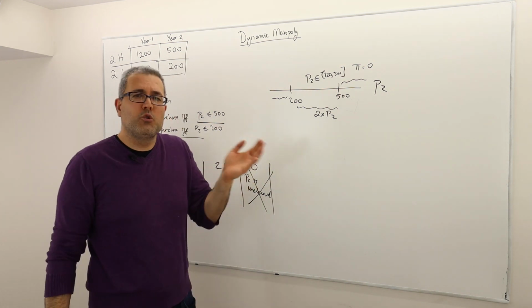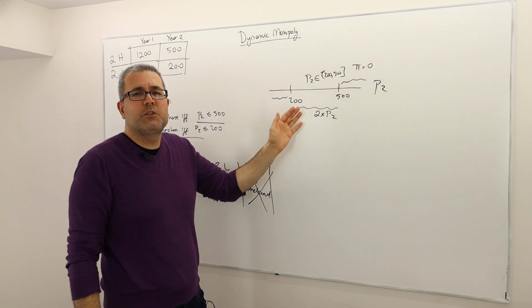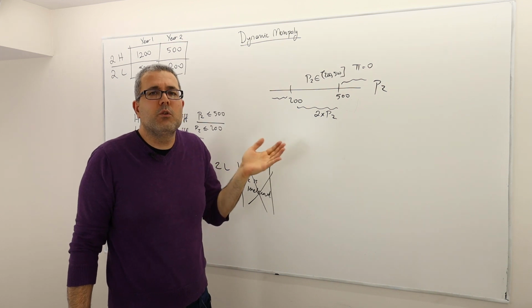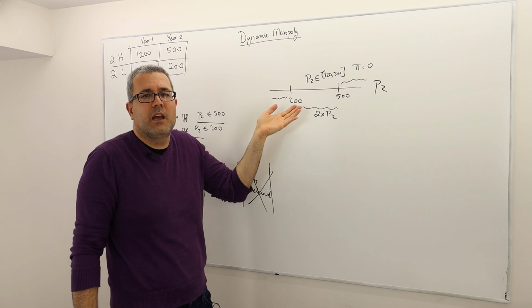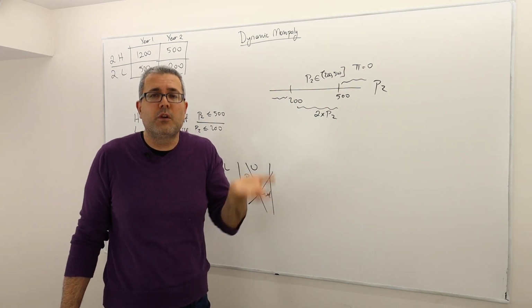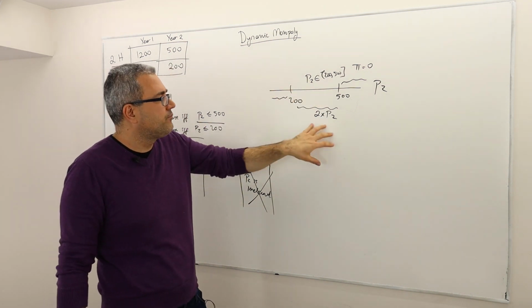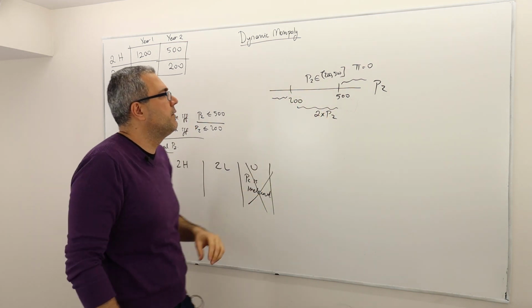Because at all those prices, the low types are not purchasing anyway. You're just selling it to the high types. But what is the point of charging them $400? You know they're willing to pay $500, so therefore charge them $500. You see what I mean? So in this range, the optimal P2 is going to be 500.